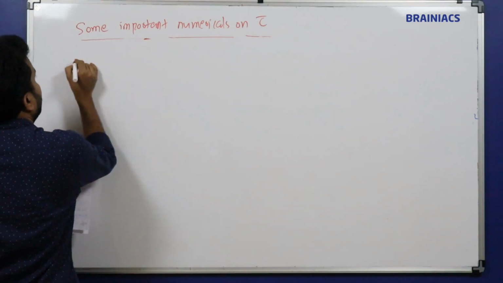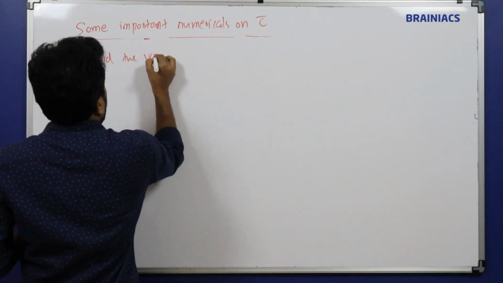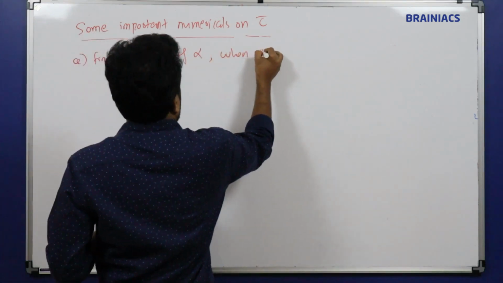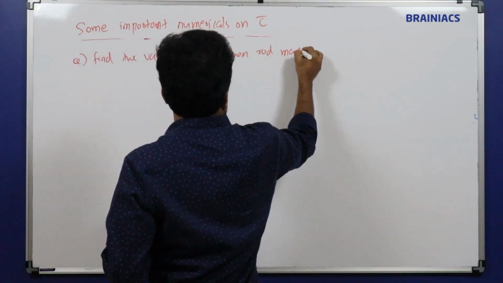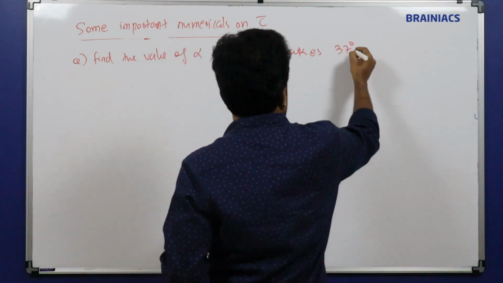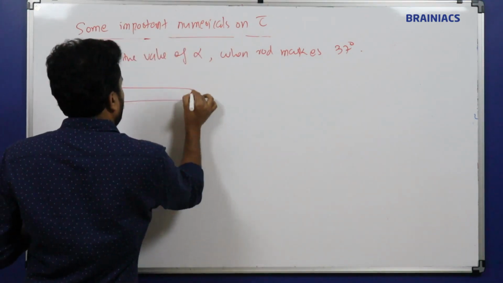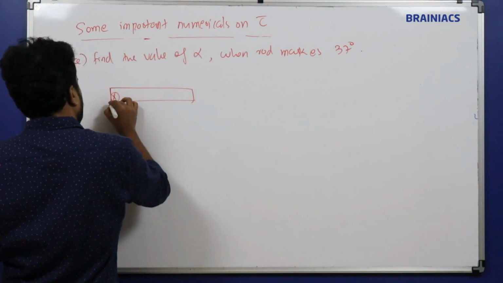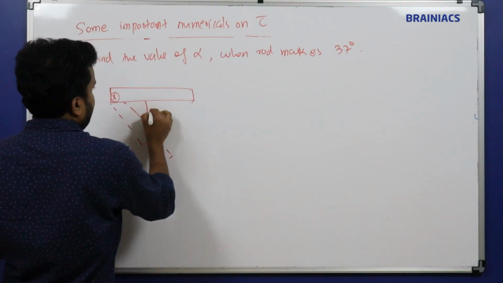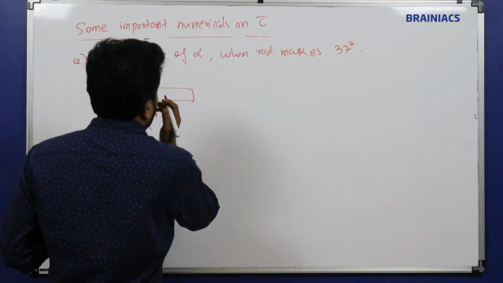The question is, find the value of alpha when the rod makes 37 degrees. A diagram is also given. A rod is fixed on a hinge, and now the rod is going to rotate to the 37 degree position.